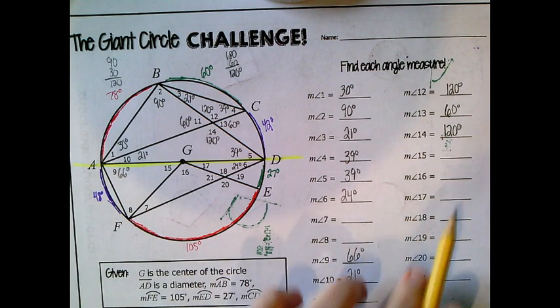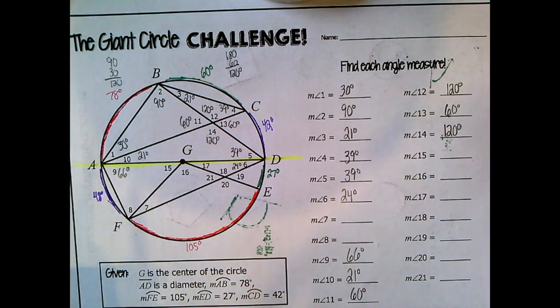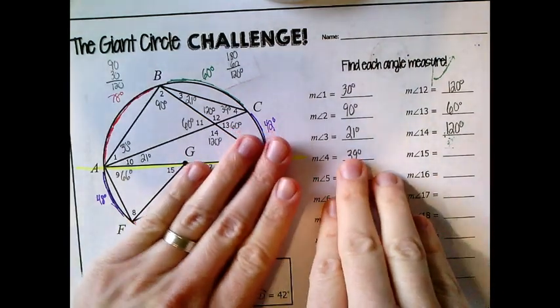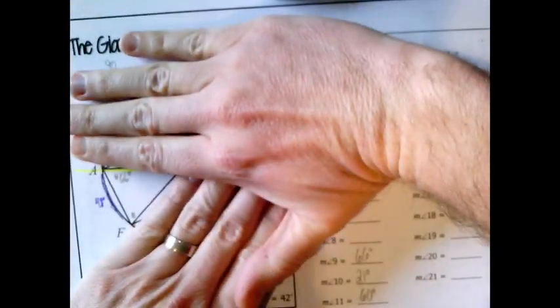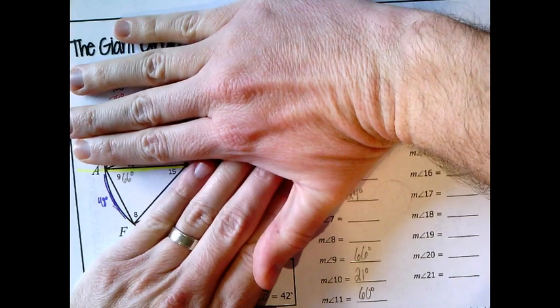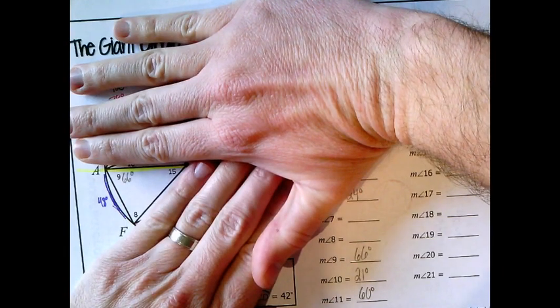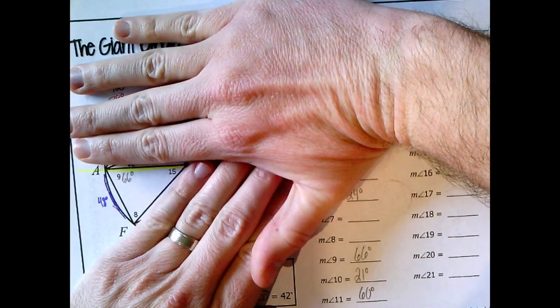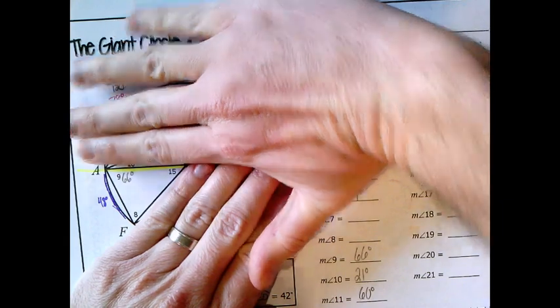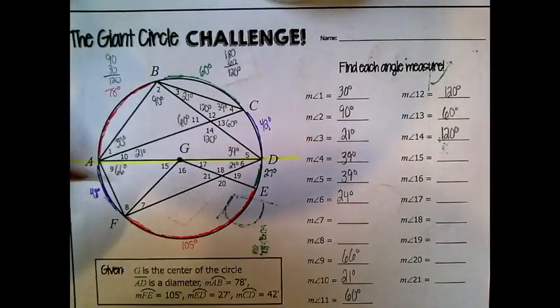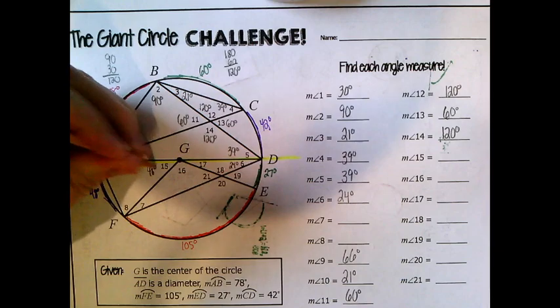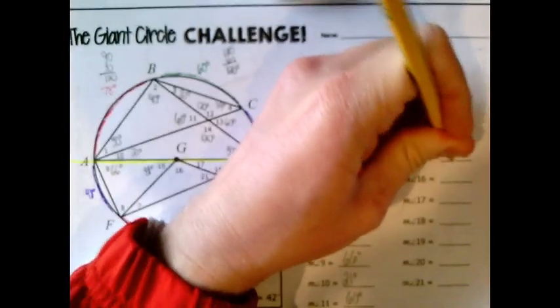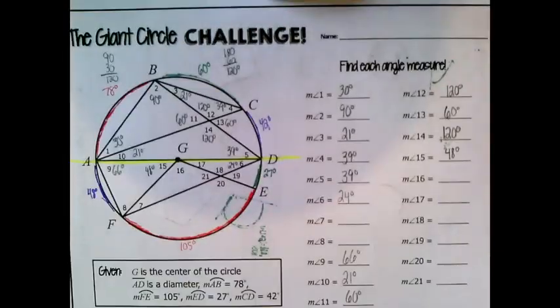That moves us to 15. So let's see if we can do 15. 15 we sure can. So if you look at 15, it's a central angle, and it touches 48. Well, central angles and arcs are the same. So 15 is 48 degrees. Okay.